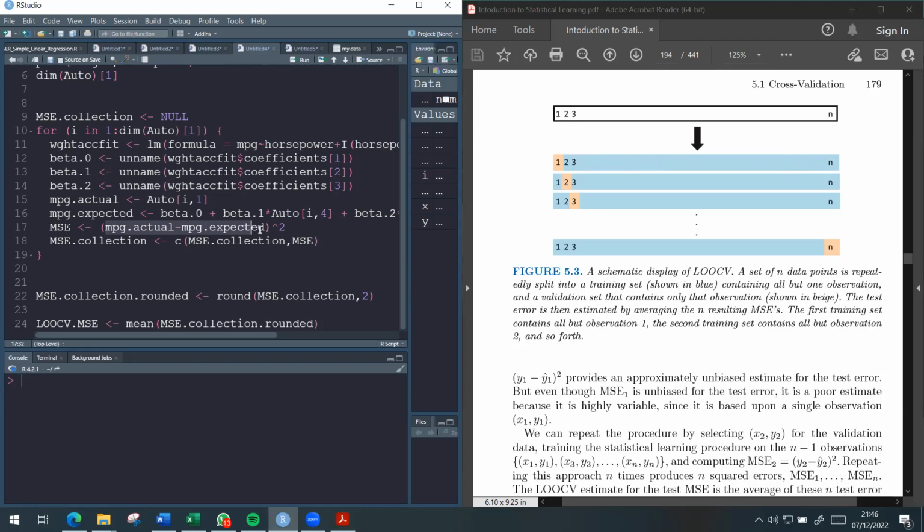So actual minus expected squared. It's a very, very standard approach that when you're calculating the difference between actual and expected, you subtract and you square.